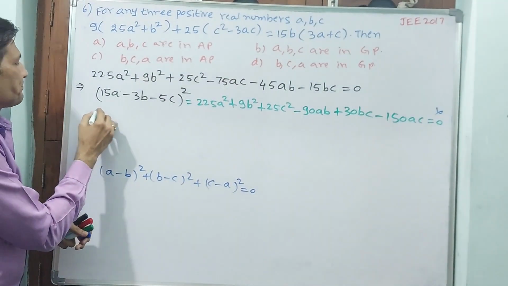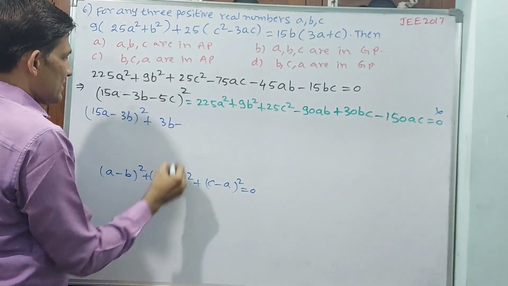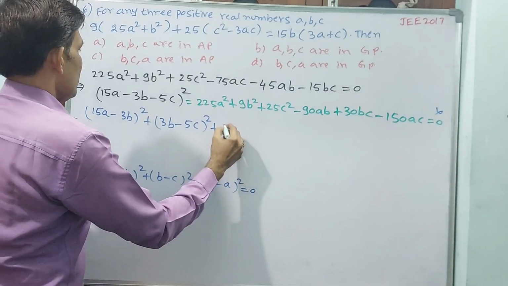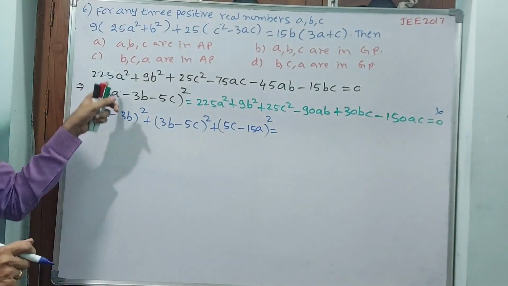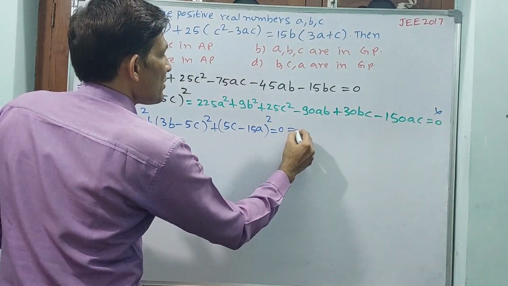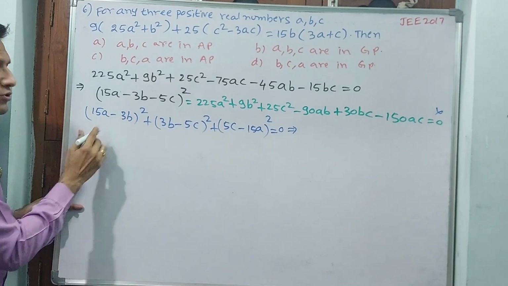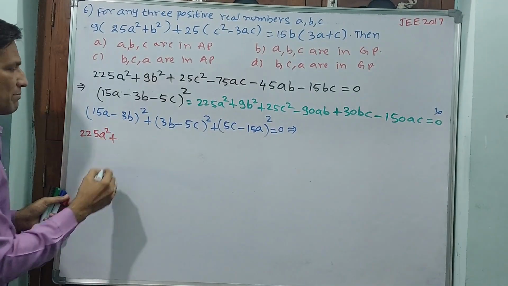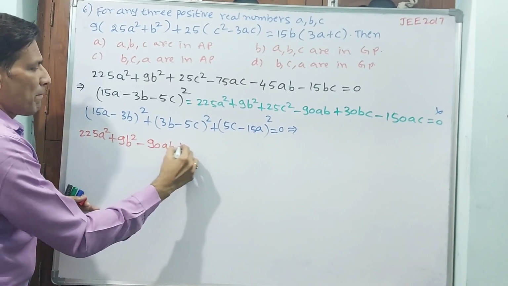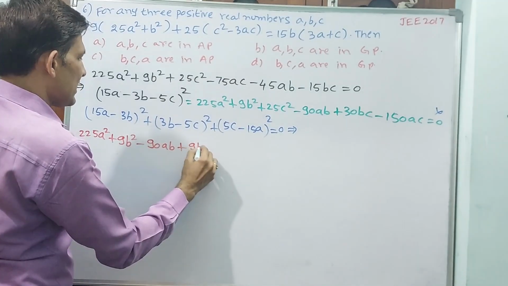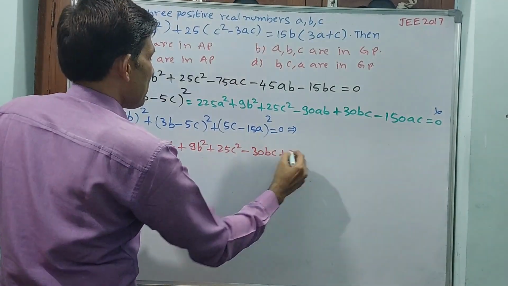Now see what is happening. (15a − 3b)² + (3b − 5c)² + (5c − 15a)² is equal to 0. Now we will expand and we will see whether it comes or not. See here, (a − b)² is a² + b² − 2ab. So 225a² + 9b² − 2ab: 15 threes are 45 into 2, 90ab. Plus the next square: 9b² + 25c² − 2bc: 3 into 5, 15 into 2, 30bc. Plus the last square.